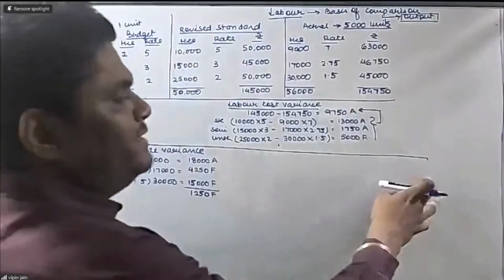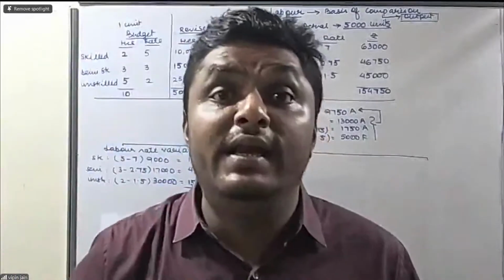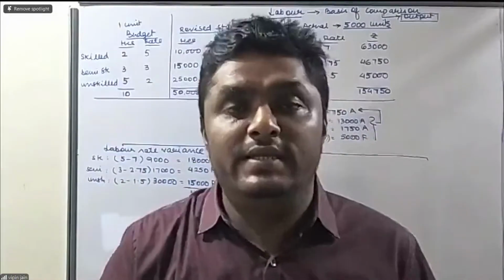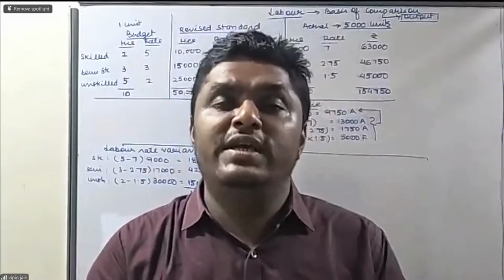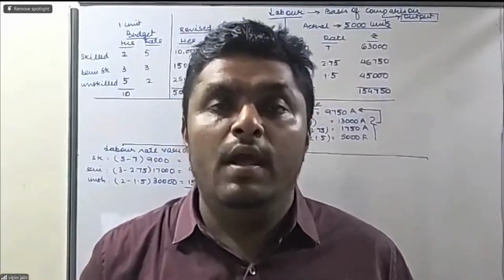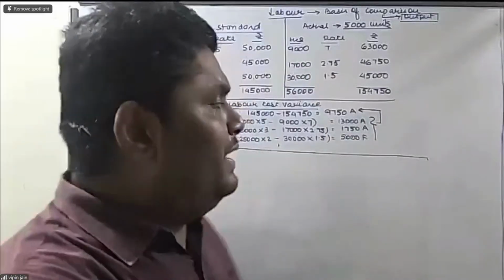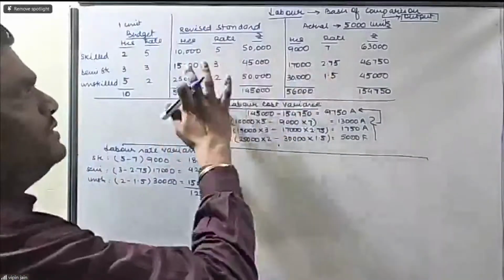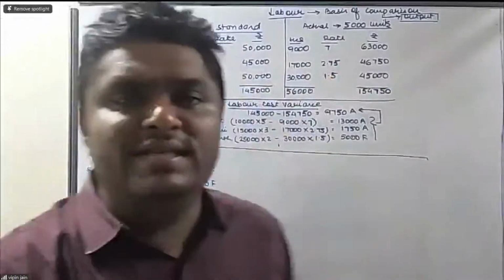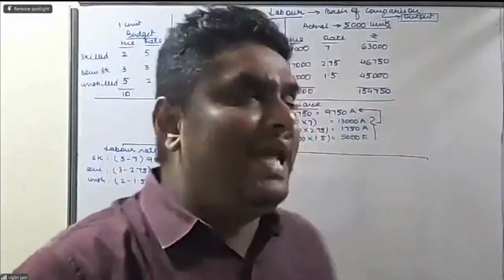Now here, this part we used to calculate material usage variance. That is, how much should have been used, how much was used. How much we were supposed to use and how much we actually used. So in case of labor, instead of usage, it will be labor time variance, not hours variance, labor time variance.